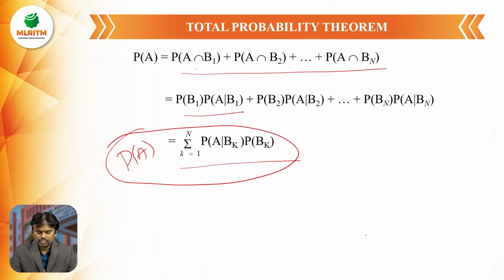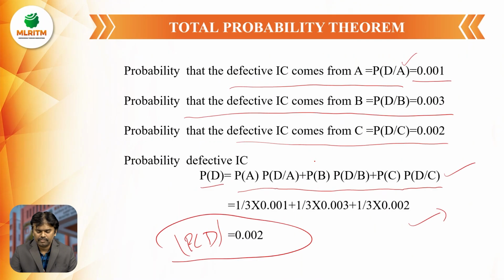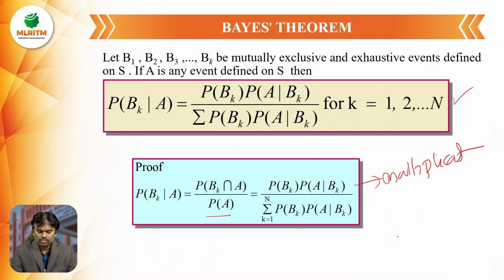So P of A is equal to summation of k equals 1 to n of P of Bk into P of A by Bk. That same value I am using in the Bayes theorem. Okay, this is the proof of the Bayes theorem.